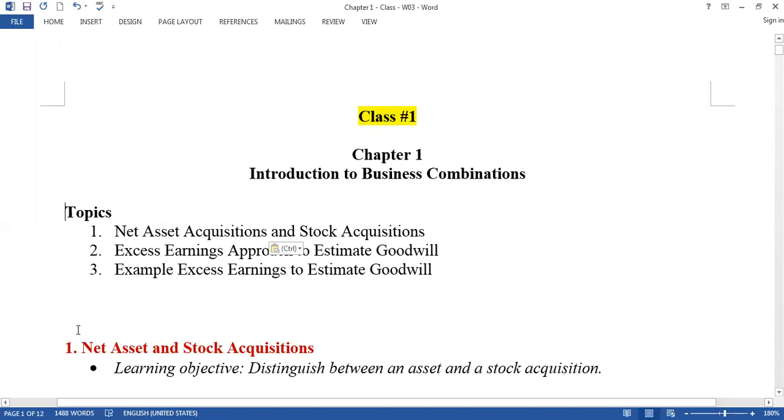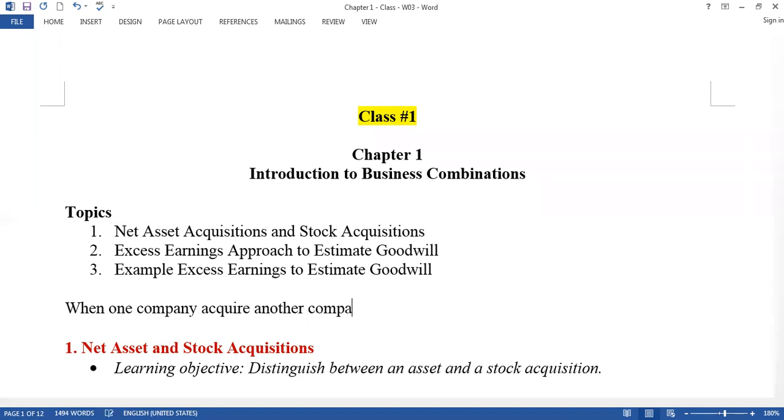So mainly we are going to learn here, when one company acquires another company. Do you understand what is the meaning of acquire? Acquire means something like purchase.